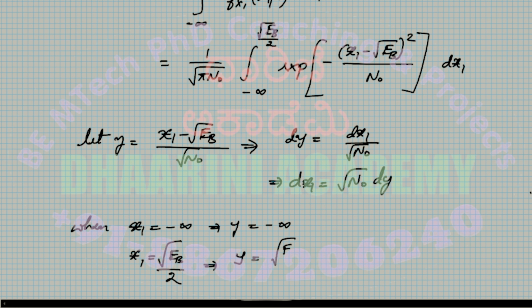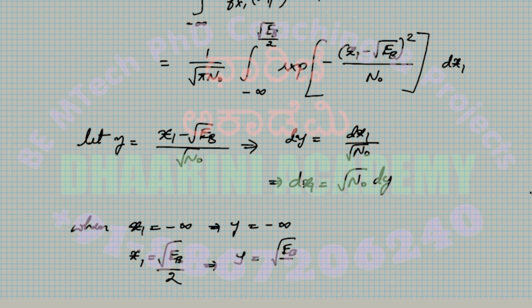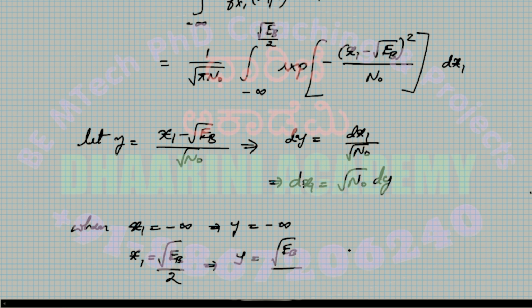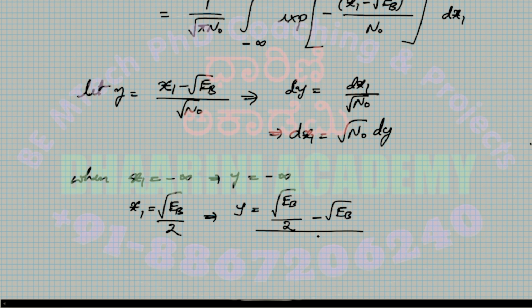So y is equal to (root of Eb divided by 2 minus root Eb) whole divided by root N naught.